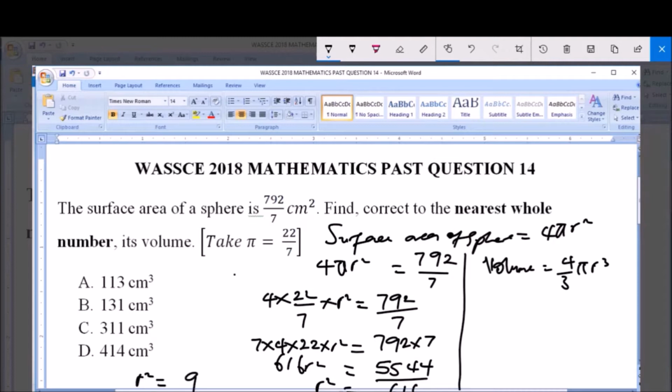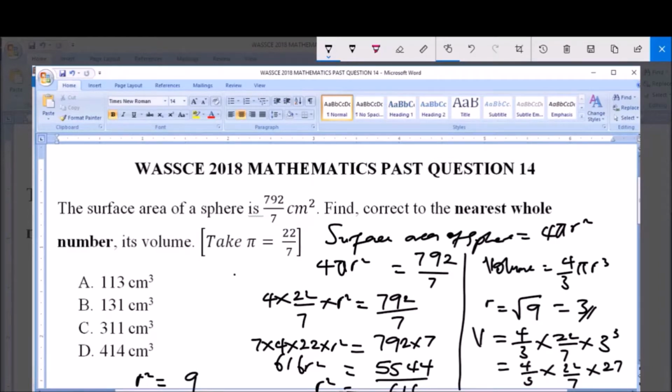Since r square is equals to 9, we can simply say r is equals to the square root of 9, which is equals to 3. Now since we've gotten the r, we can now find the volume of this sphere. So volume V is equals to 4 all over 3 multiplied by 22 over 7 multiplied by 3 cube, and this is equals to 4 all over 3 multiplied by 22 over 7 multiplied by 27.